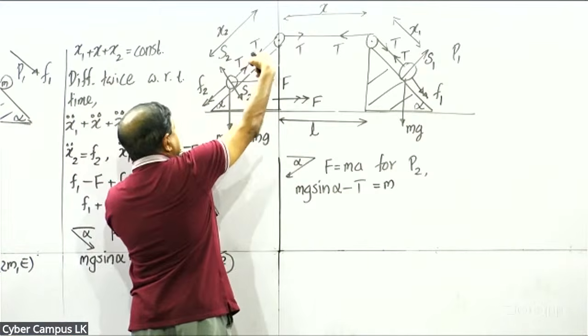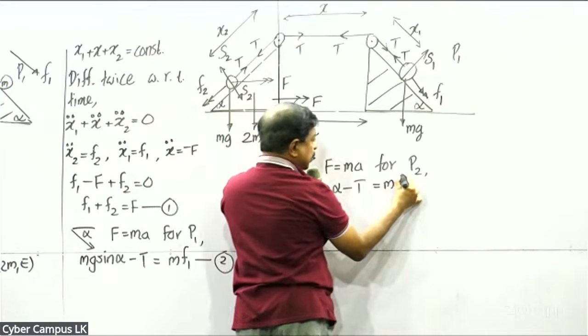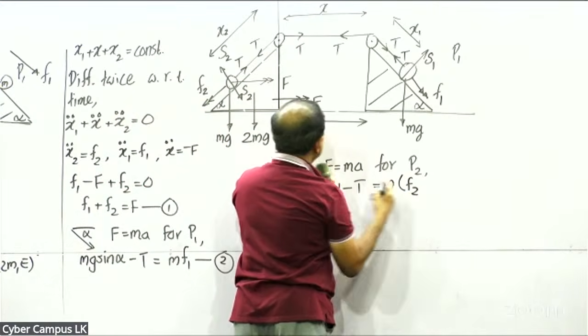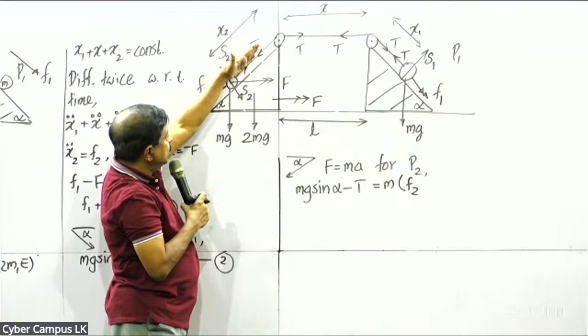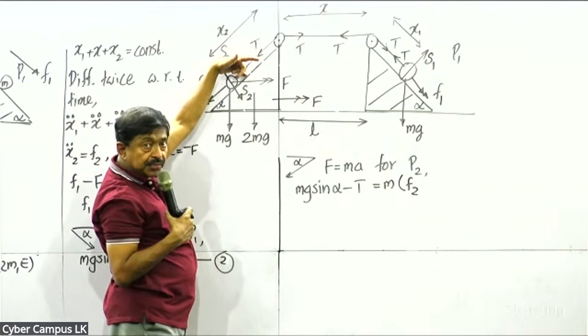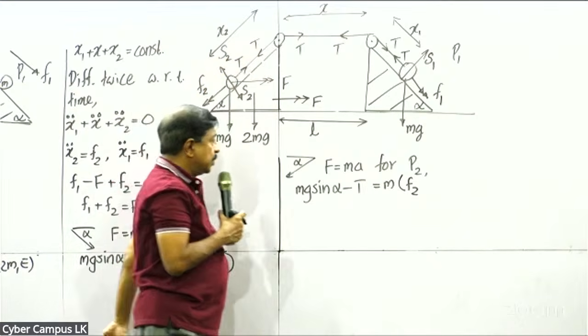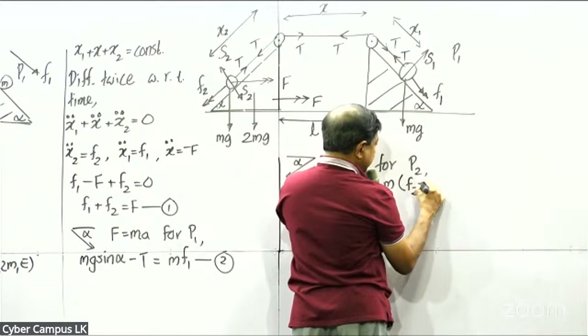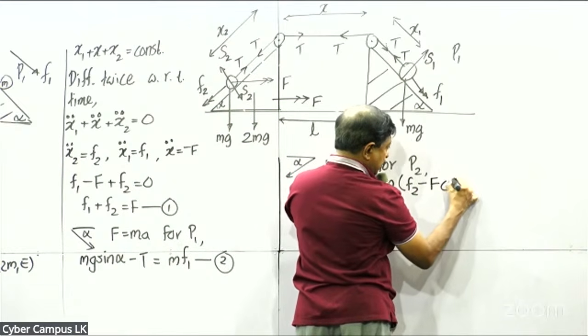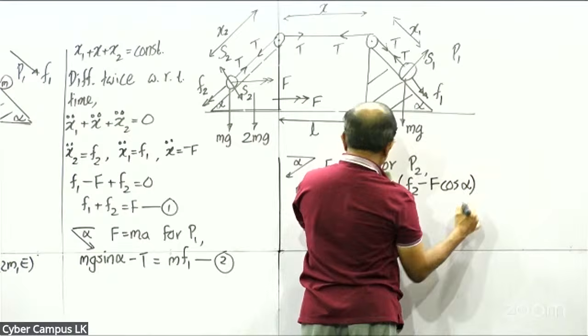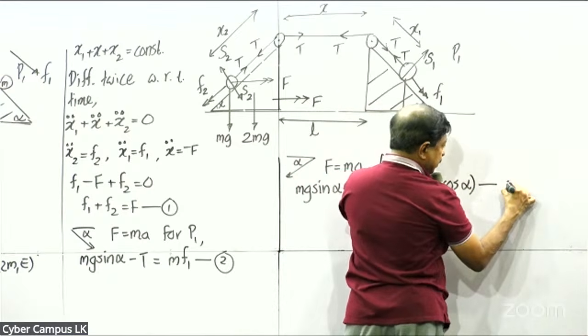Here we are applying it in this direction, so f2 is positive. You have to resolve this F in this direction, and this angle is alpha. So it is capital F cos alpha, and it's negative. This is the third equation.